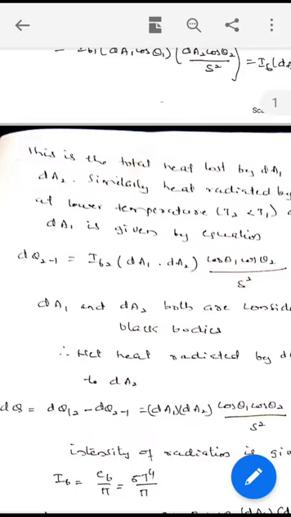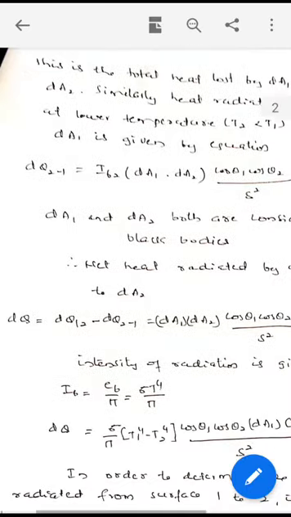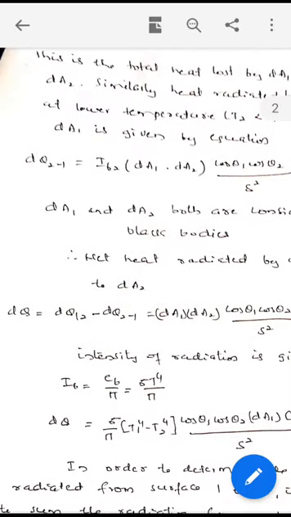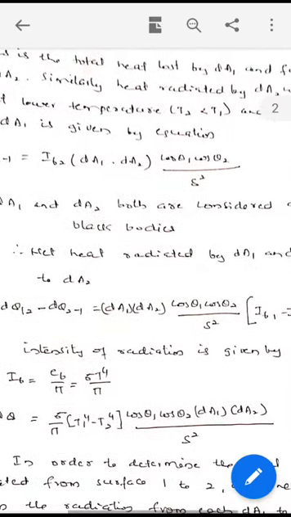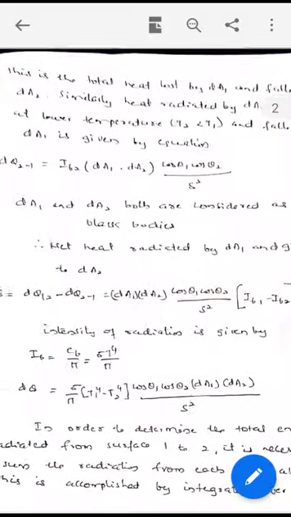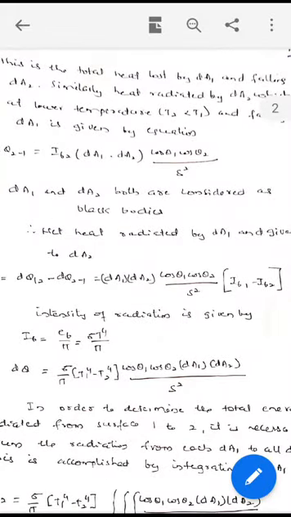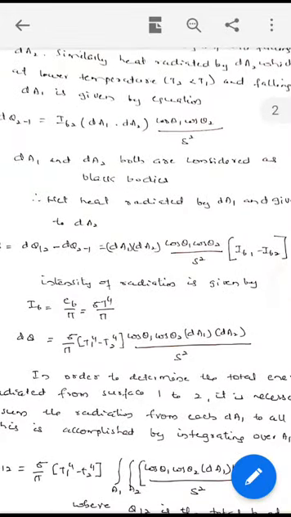So the net energy exchange at 1 is energy emitted minus energy received, because energy emitted by 2 will fall on 1. dQ equals dQ12 minus dQ21, which is equal to dA1 dA2 cos theta 1 cos theta 2 by S square into IB1 minus IB2.